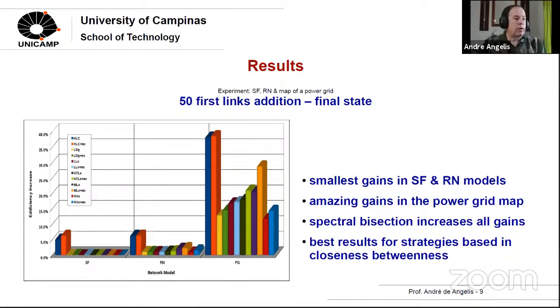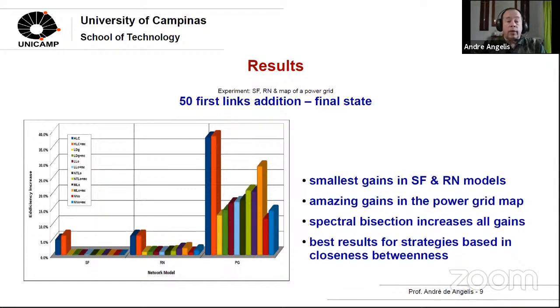Okay, Chen, thank you for your question. We don't know what is the set of properties of these networks that changed the gain in this way. The scale-free model is very common. It's a reference model, and we didn't get good results.